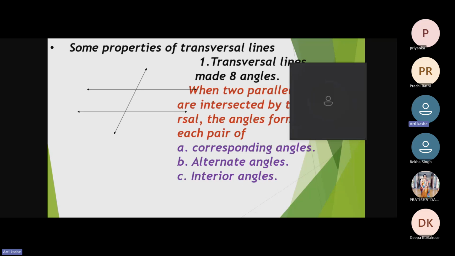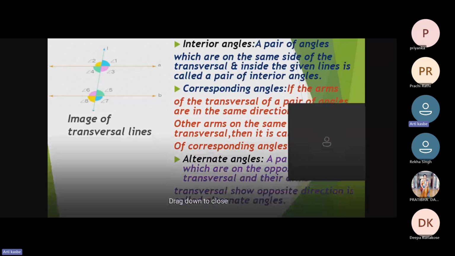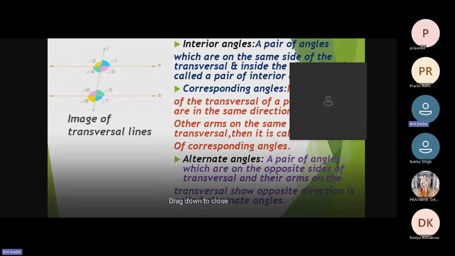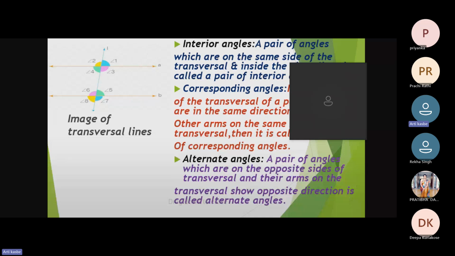A pair of angles which are on the same side of the transversal and inside the given lines is called a pair of interior angles. See that image. Can you tell me which numbers are interior angles?